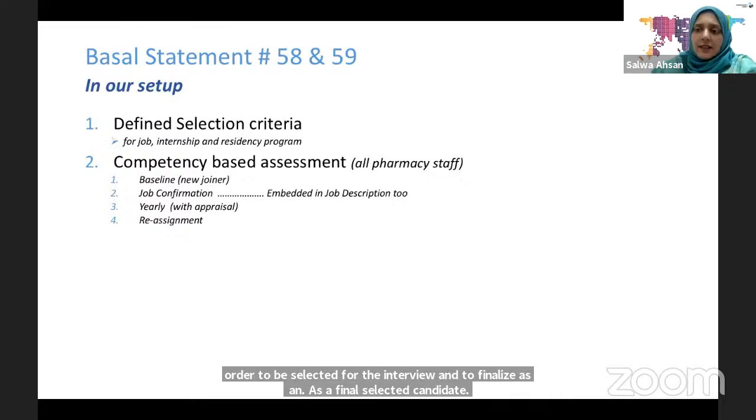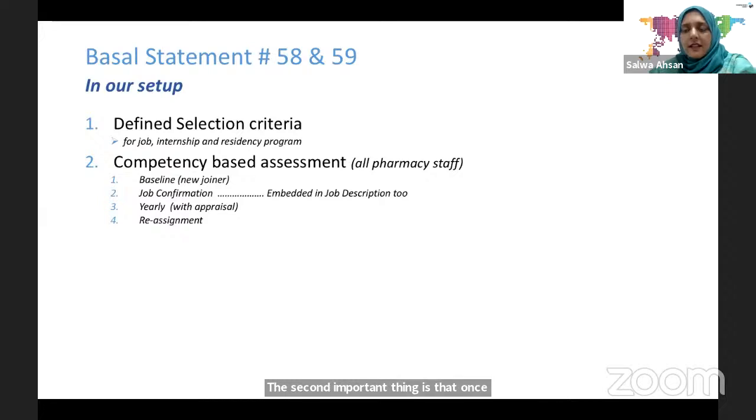The second important thing is that once you select good people based upon certain criteria, their baseline education and experience, it is important that once you put them into practice in different areas, for example the inpatient area, or the compounding section, or anywhere else within your hospital pharmacy, there has to be some kind of competency in each area.